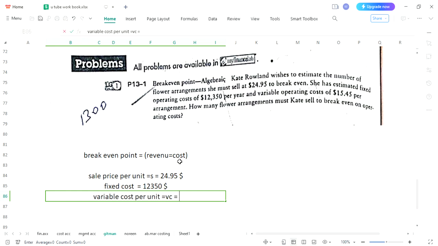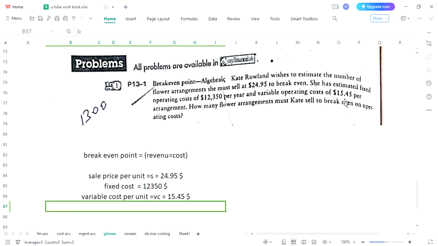And how much do we have? 15.45, again in dollars. How many flower arrangements must Kate sell to break even on operating cost?